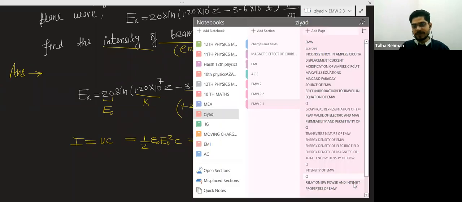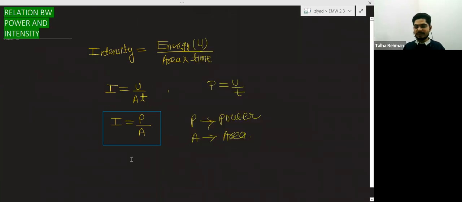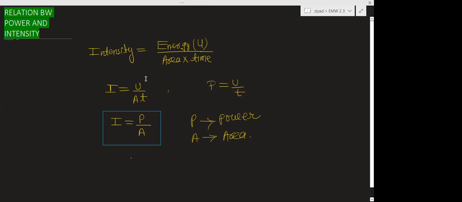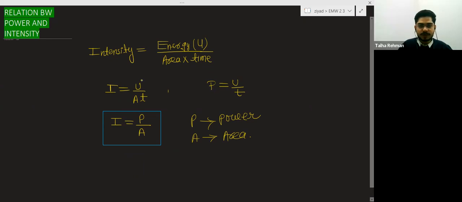So there is one another thing, very small topic, relation between the power and the intensity. Basically, intensity is energy crossing per unit area per unit time. What is power?